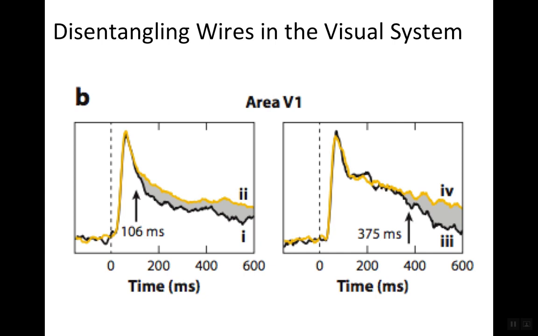Okay, so what we see here is the fact that the activation follows the structure of the task. On the left, we have more activation starting early because the region we're looking at for labels 1 and 2 is to the left of the figure, and that's where they're starting from. Whereas on the right, we see the activation difference, as reflected in the gray area between the target line, yellow line, and the distractor, black line.